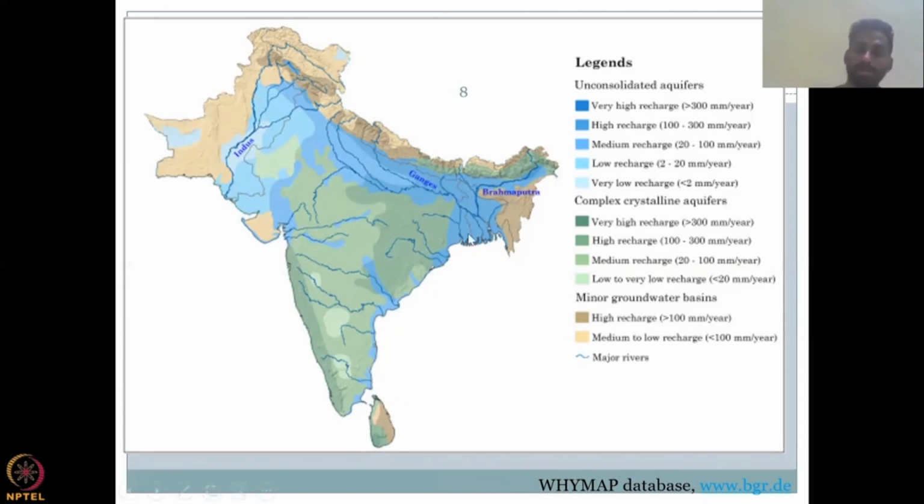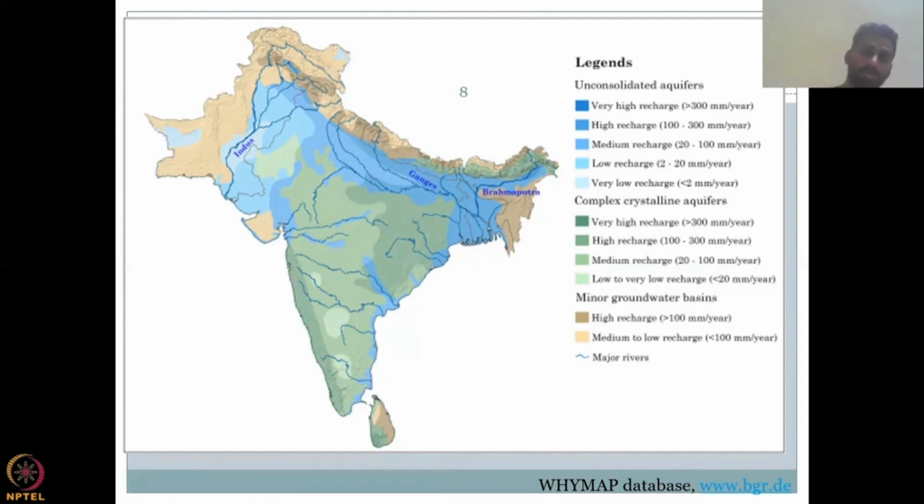Moving into the central location, it is formed by more complex crystalline hard rock aquifers. Some of the regions have very high recharge. So if you look at this region, it's greater than 300 millimeters per year, almost as high or higher than the Ganges Basin in some regions.